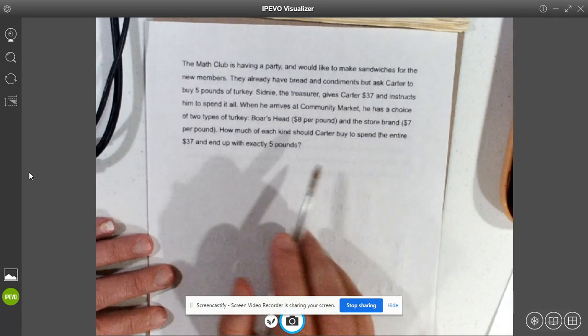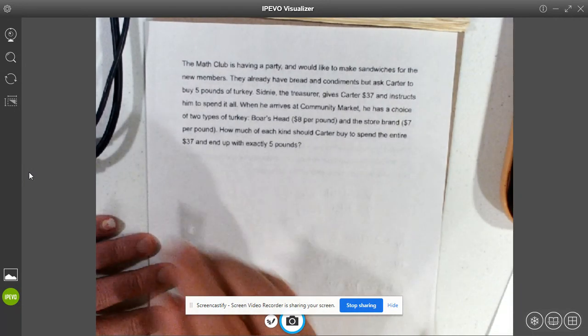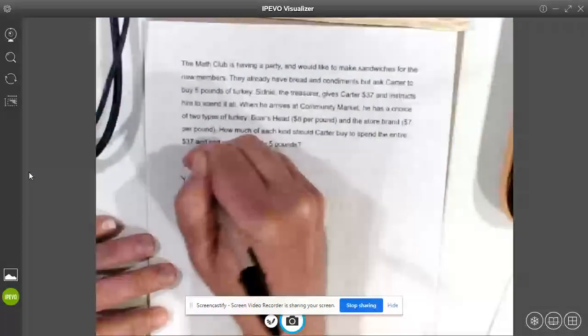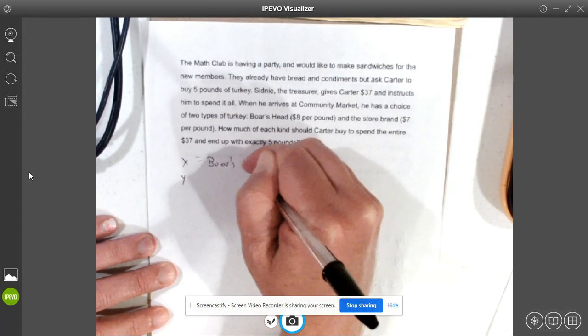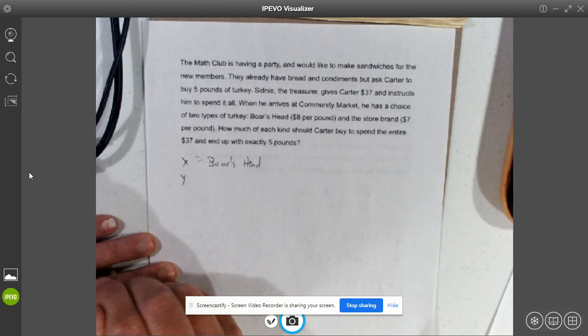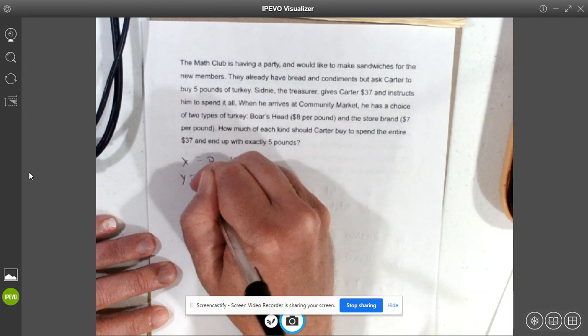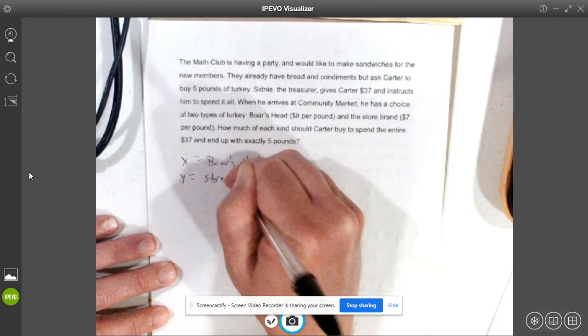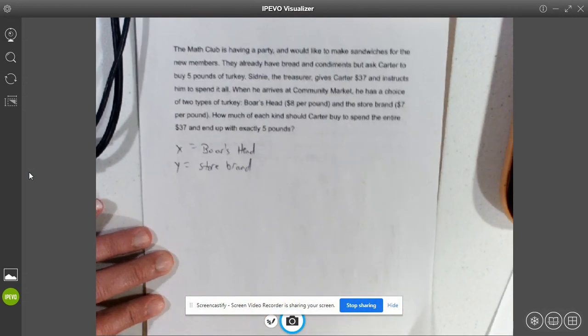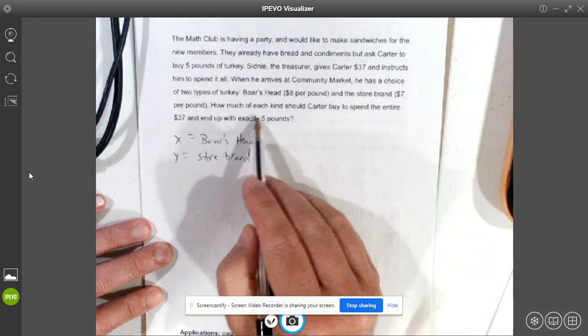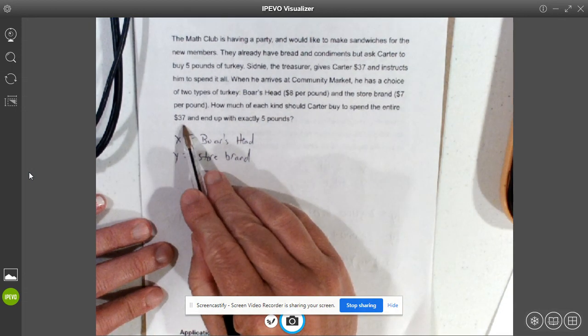Well, again, we've got two unknowns here. I'm going to call them X and Y. X is going to be the Boar's Head brand of turkey, and Y is the store brand. So I've got 2 unknowns, I've got to have 2 equations. Let's see. How much he wants to spend? 37 bucks.